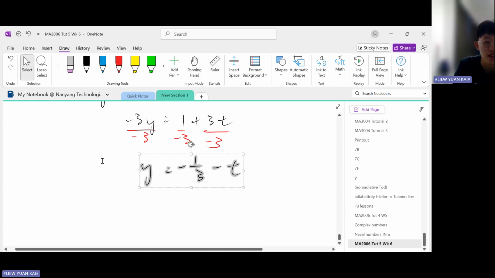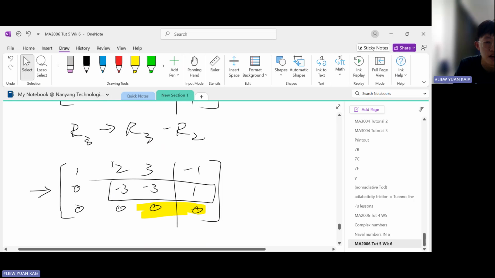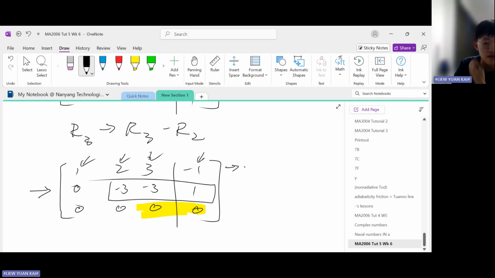Then you will use this and sub it into row 1. So now row 1 will help you solve for x. You see, these are the coefficients. This is the constant. So what the first row is telling me is positive 1x plus 2y plus 3z is equal to minus 1. The 1, 2, 3 goes to here.